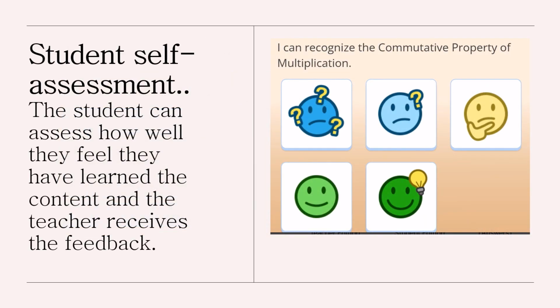The last page of the lesson is a student self-assessment where they can pick the emoji that best matches how they feel they recognize their understanding of the concept. I go over these with students and ask them what they think each emoji means: the blue emoji with all of the question marks, the second blue emoji with just one question mark, the yellow face where he's thinking, the green face with the smile, and the green face with a really big smile.